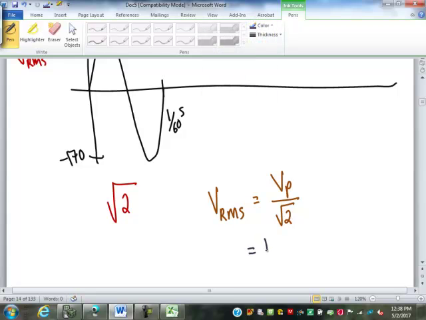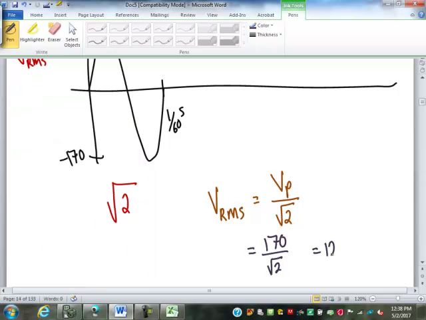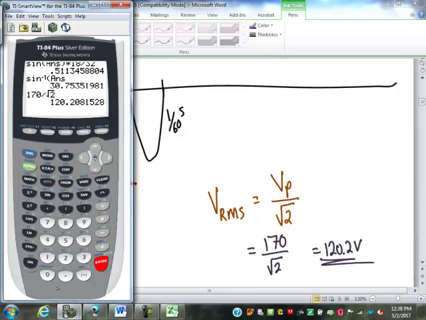If I do this, it's 170 divided by the square root of 2, and there we get the same thing, the 120.208. If you did 170 times 0.707, you get roughly the same, just slightly rounded, because we're going to call it 120 volts either way.